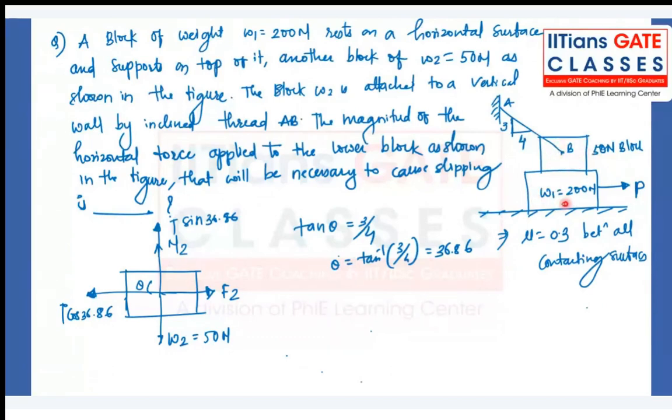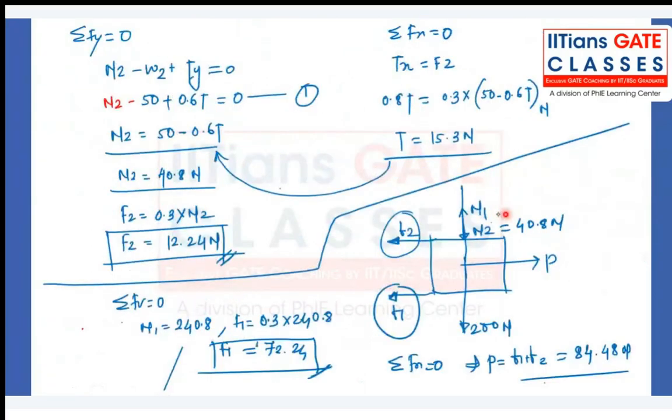So that is the reason N2 is 40.8, which is the reaction of the smaller block on this bigger block, and N1 is the reaction of the ground on the bigger block. I hope you understood the 200 Newton, N1 and N2 directions.